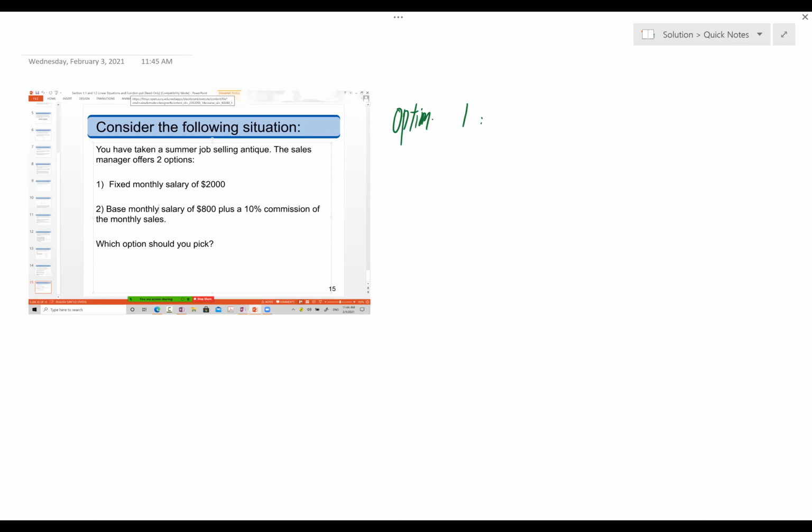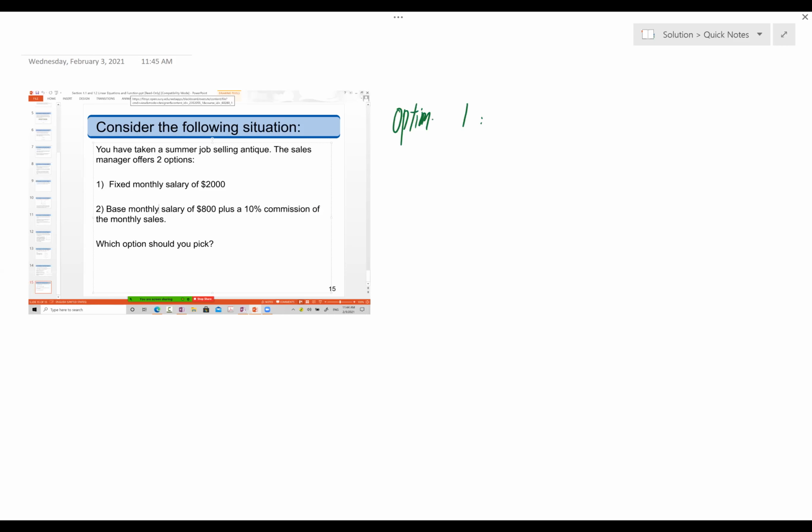2,000 times X? Okay, and what does X represent? It represents the number of months that the person is going to take up the job for. Okay, that makes sense. But let's just consider 1 month. Just for this 1 month, how would you write the equation for this monthly salary? I guess we can assume a variable, right?